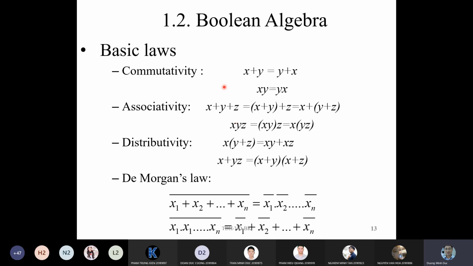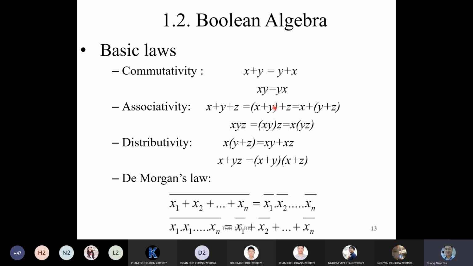So it means that we can define the disjunction here of three variables by separating it into the disjunction of two variables and doing it two times. Okay.